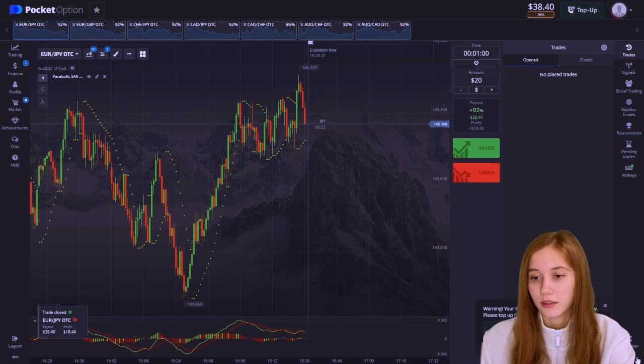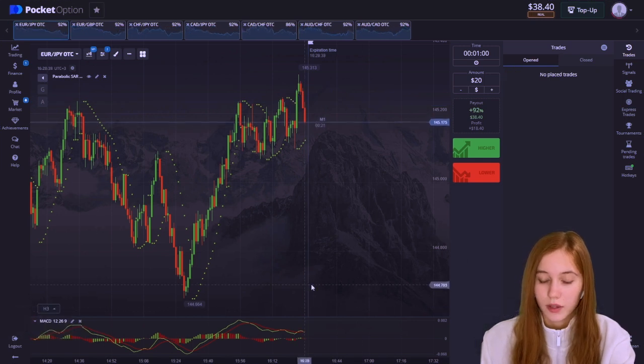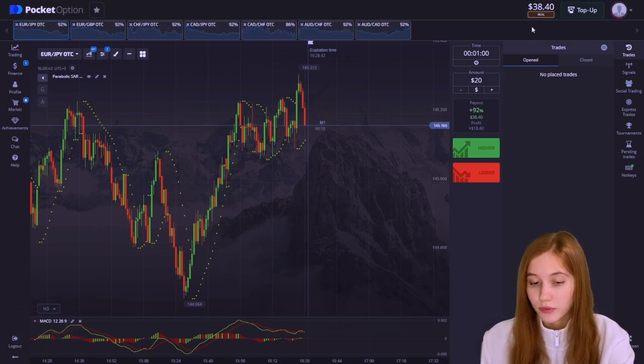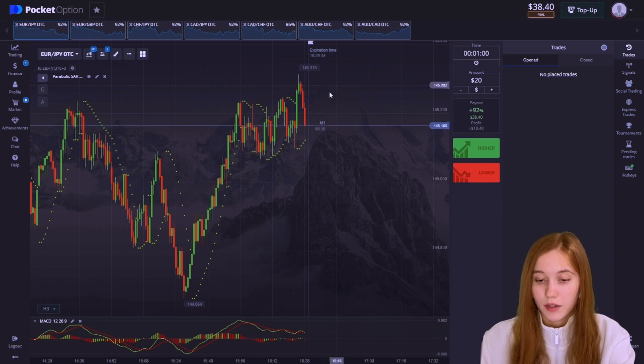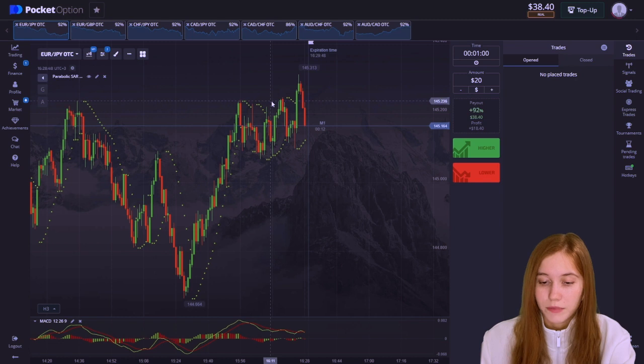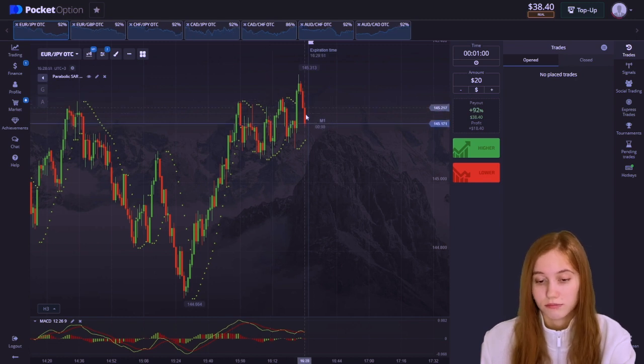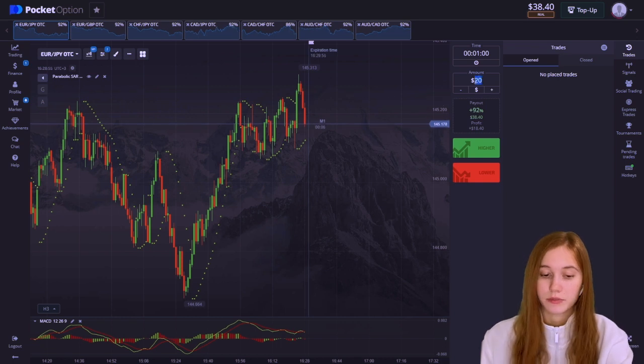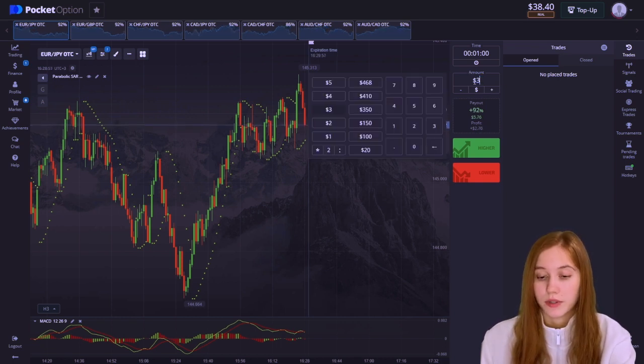Yeah, plus deal. Good. $38 is our profit. Here it was also possible to highlight the support areas. So let's increase our deal amount to $38.